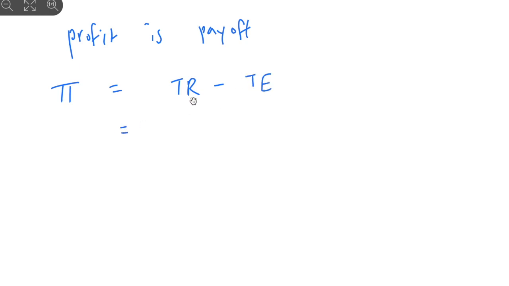And total revenue is described by price times quantity, right? And the total expense is unit cost, the marginal cost, times the quantity, right? So we can sum it up, we can factor out price minus cost times Q, which becomes the profit.